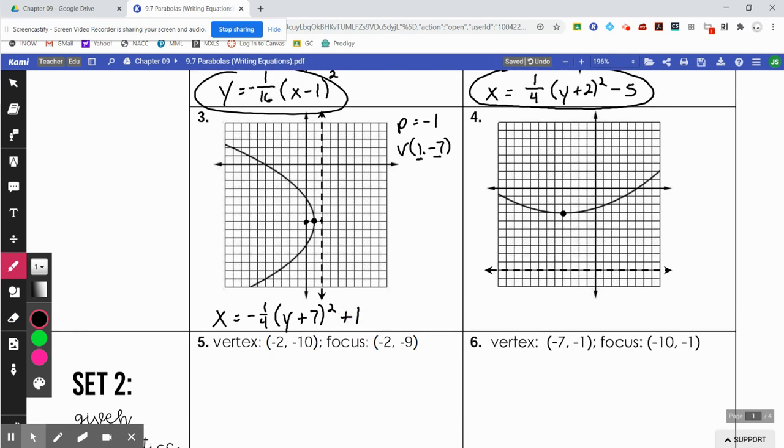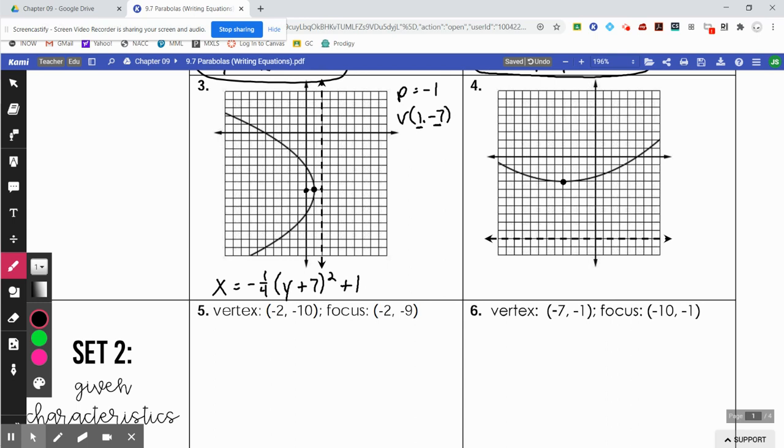And the last one, since it's a vertical parabola, it's going to be a y equals parabola. The p-value, since it cups up, it's going to have a positive p-value. P is the distance from that vertex to the directrix. So 1, 2, 3, 4, 5, 6, 7 is going to be my p-value.